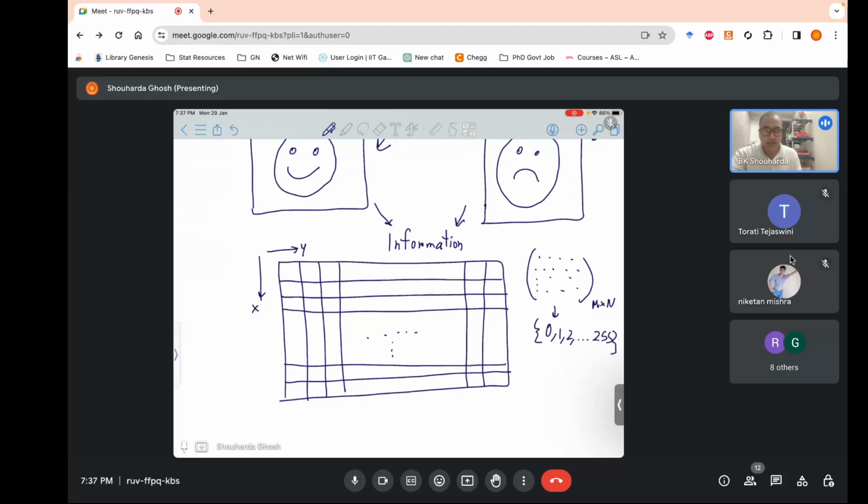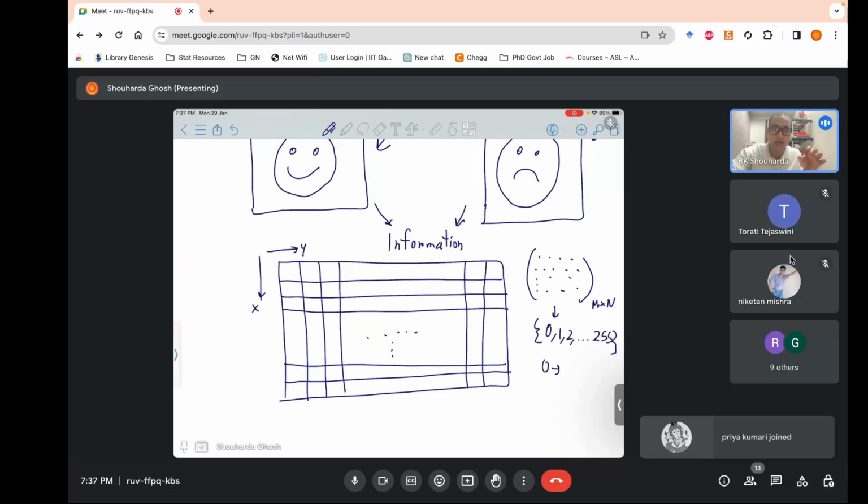So these are integers. It can take an integer value, and depending on that integer value, the sensor will glow. So if it's 0, the sensor will not glow. Sorry, it's not a sensor.